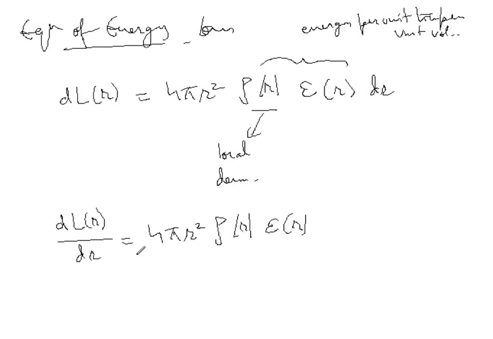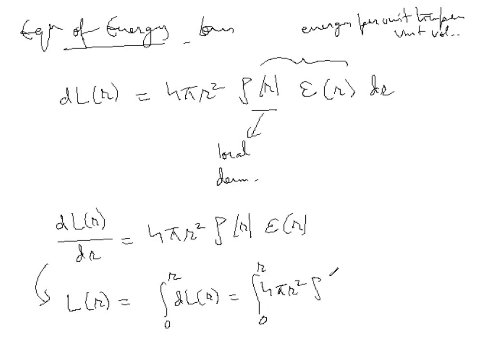Now its integration, given that we know rho(r) and epsilon(r), leads to the luminosity at a particular radius. So this leads to the luminosity L at a particular radius r, the integral of this expression dr.